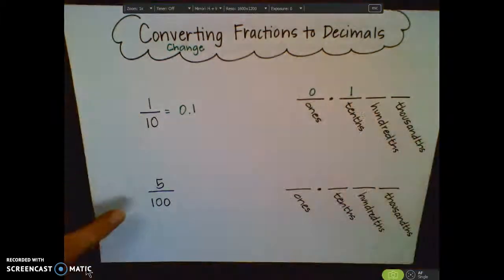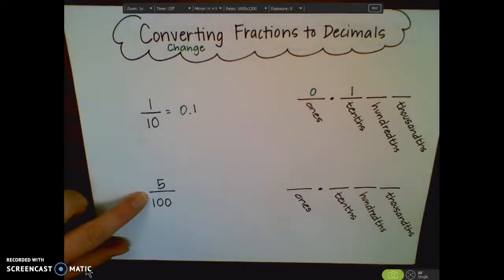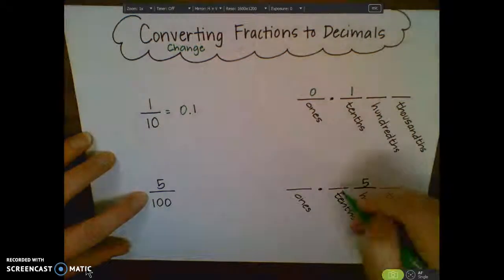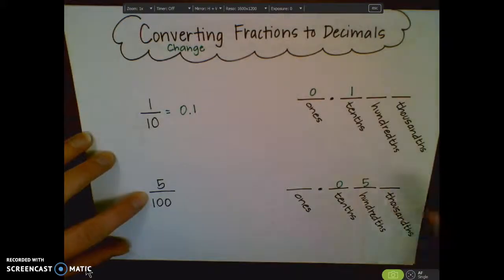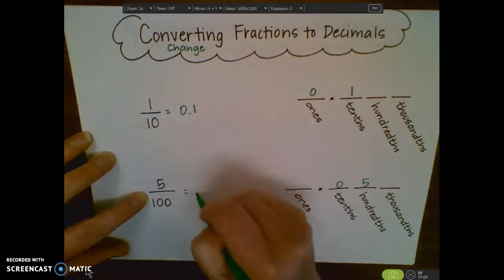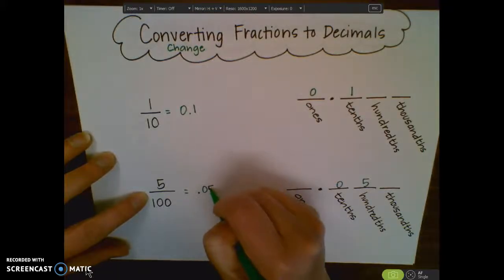Okay? Same thing for 5/100ths. If I have 5/100ths, then that means I only have a 5 in the 100th spot, which means no tenths. So 5/100ths itself would be 0.05.